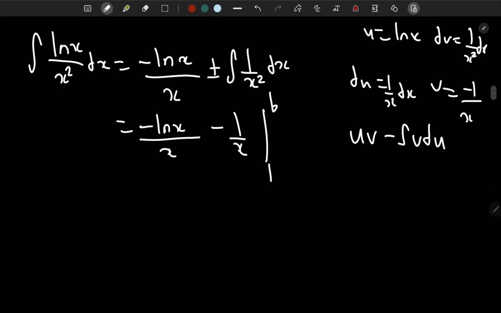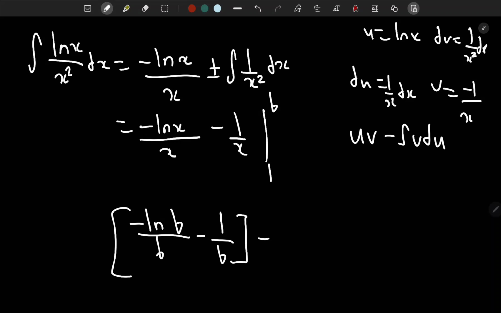So here I'm going to substitute b first, since it's the upper limit. I'm going to open brackets, or you know what, I'll use the square brackets: minus ln b over b minus 1 over b, minus, now I'm going to substitute 1, so it is minus ln 1 over 1 minus 1 over 1, close brackets.